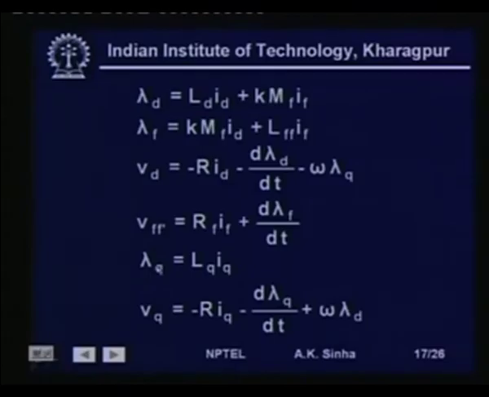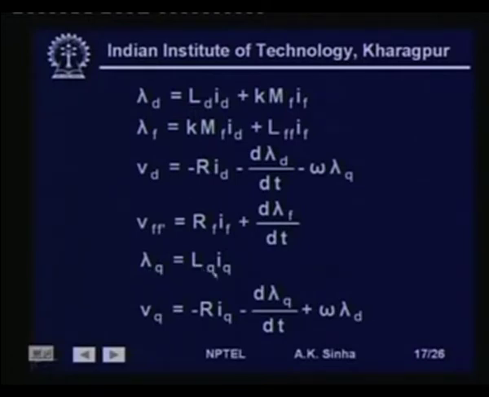Now, here if we see, these equations show that there is a coupling between the direct axis coil and the field or the rotor coil, whereas there is no coupling for the quadrature axis coil. Lambda q is equal to L q into I q, it is dependent only on the current in that coil.